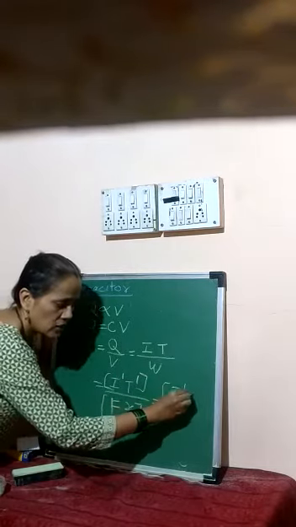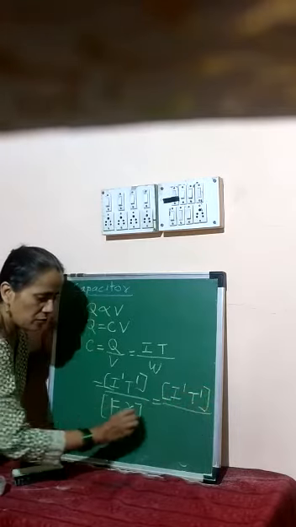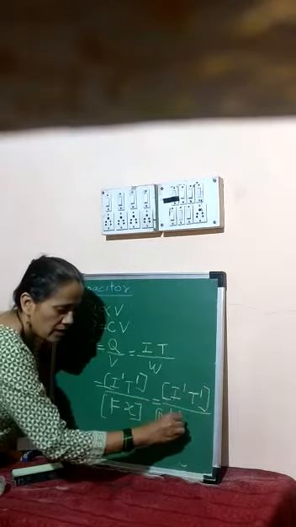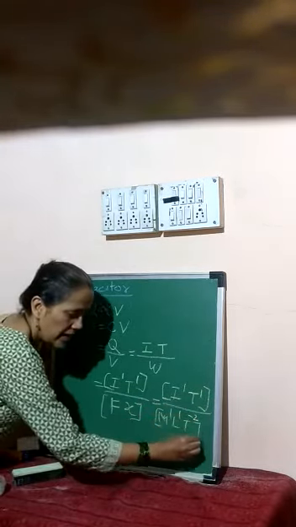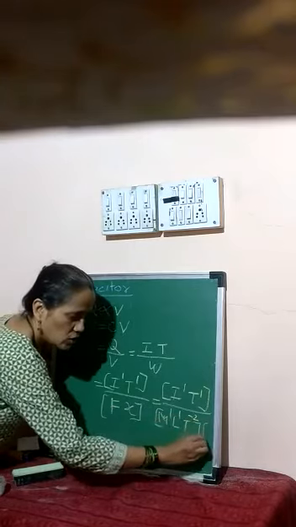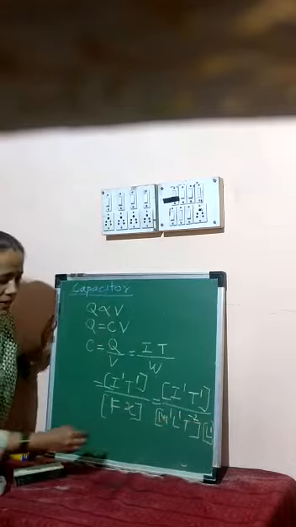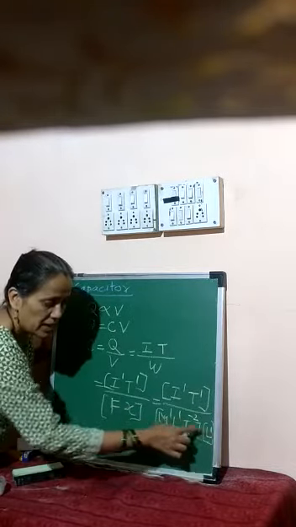Dimensions of charge: I raised to 1, T raised to 1, divided by the dimensions of force, which I can write as M raised to 1, L raised to 1, T raised to minus 2, and the dimensions of x, which is L raised to 1. Now L raised to 1 and L raised to 1 become L raised to 2.